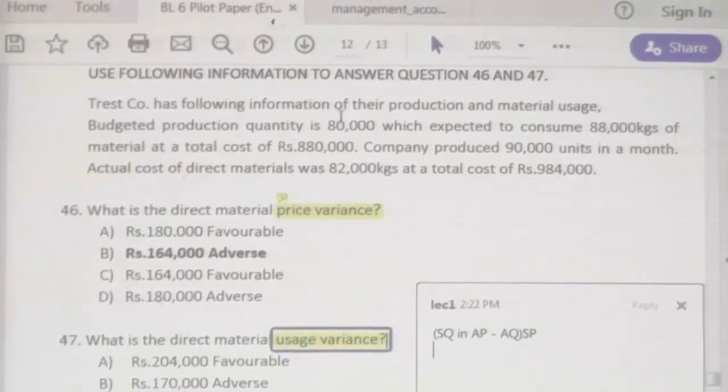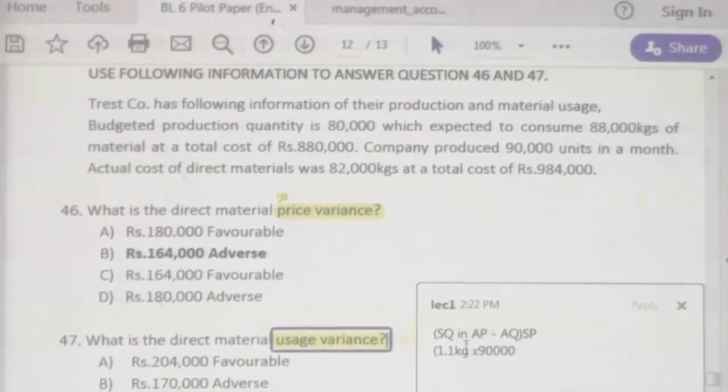What would be the standard quantity per unit? Budgeted production of 80,000 units was expected to consume 88,000 kilograms. That means according to the standard, 88,000 kilograms are required to produce 80,000 units. Therefore, you require 1.1 kilograms per unit, but you actually produced 90,000 units.